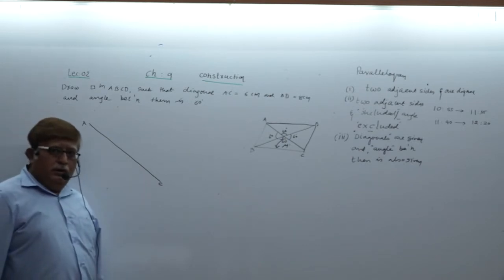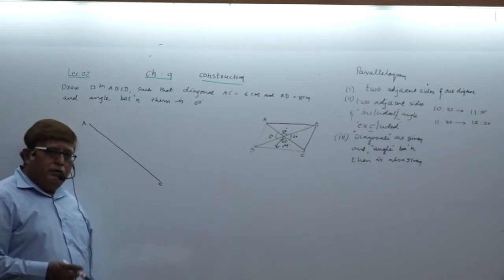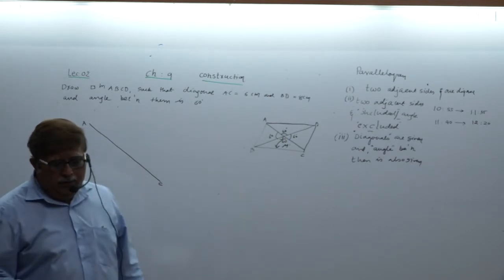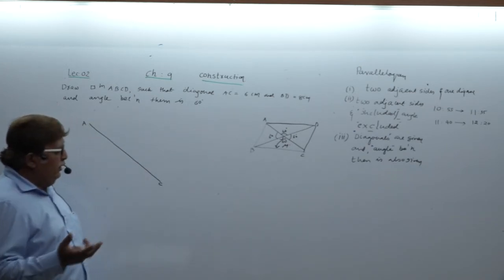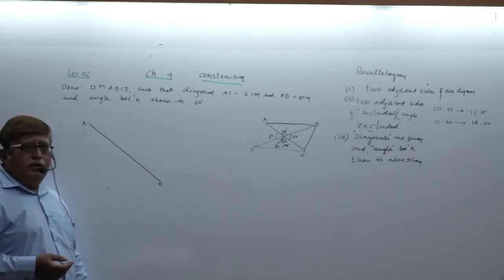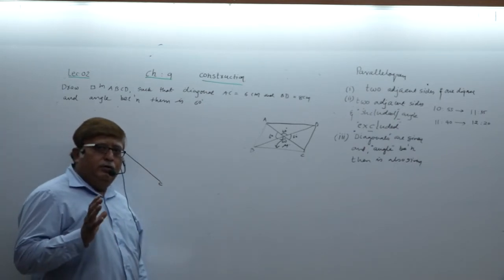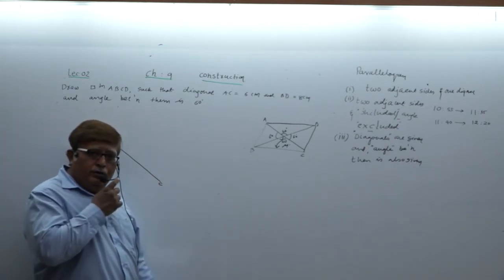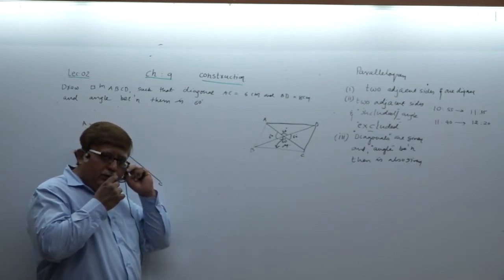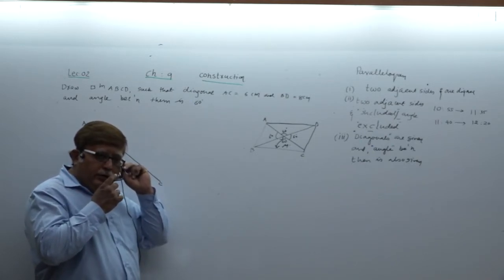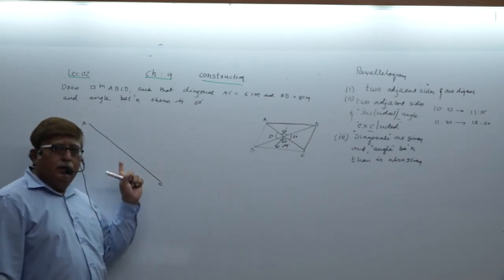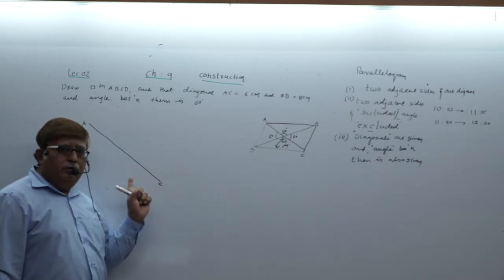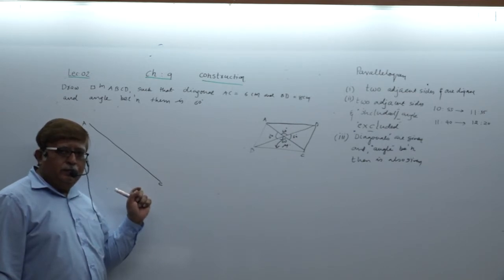So I am just now explaining to you one very important fact. Maybe you have studied it in previous standard also, but here you need to concentrate on it. Okay, what we have to do, understand? So we have to target. We have already drawn diagonal AC.